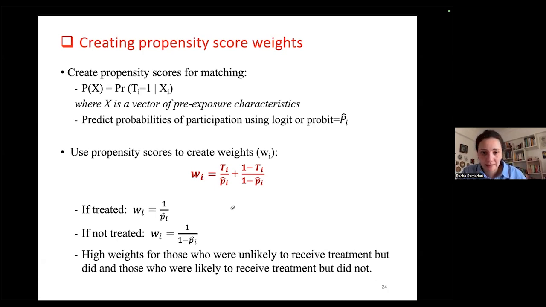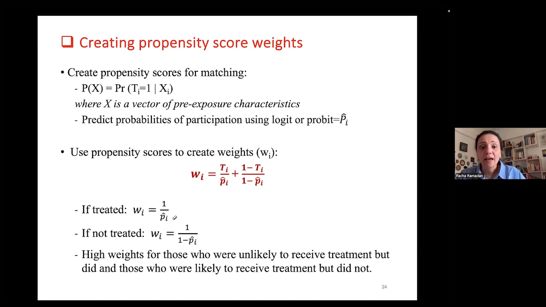However, I was selected. So in this case, because I am treated, 1 over pi hat, the estimated probability score, will be a high value. So I will give high weights to the individuals who were not supposed to be treated, but they were treated.